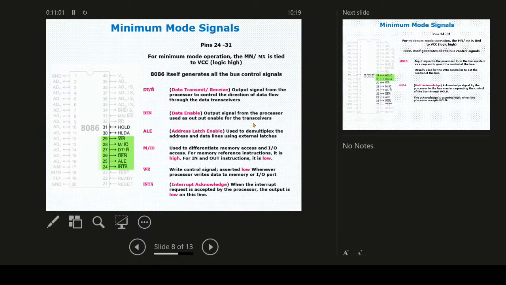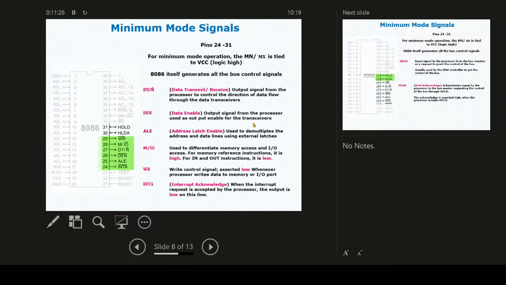If it's zero and one, then the data will only be read, and if it's one and one, then the data will be written, so it will work on the write operation. So this is the main configuration of the transmission of data. Based on these two, it is determined whether the CPU is transmitting or receiving the data.